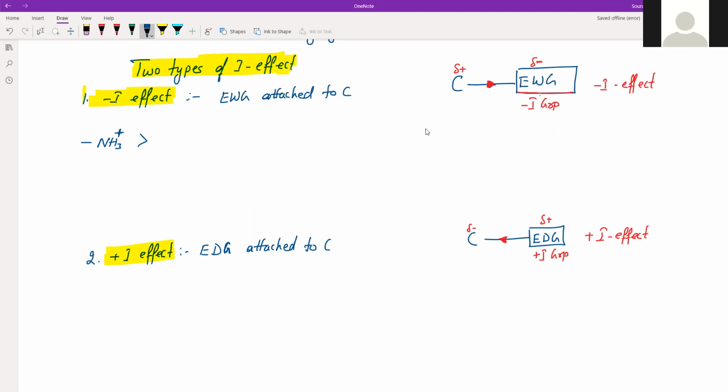The strength of this will be more than nitro group's strength, and that will be more than SO3H group, that will be more than cyano group, that is cyanide or nitrile group, and that will be more than aldehyde, then COR. What is COR?